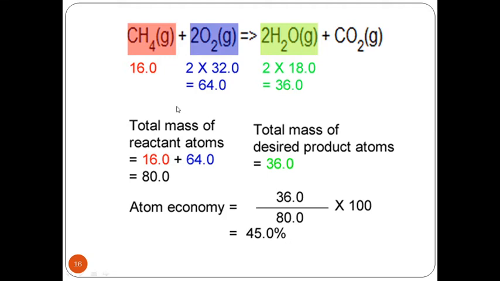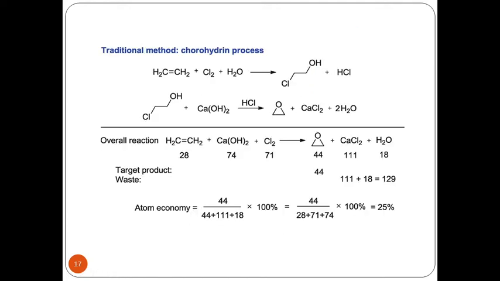I am going to consider in this particular reaction the reactant atoms and just the desired product. So desired product divided by the total reactant atoms, into 100, is going to give me atom economy.